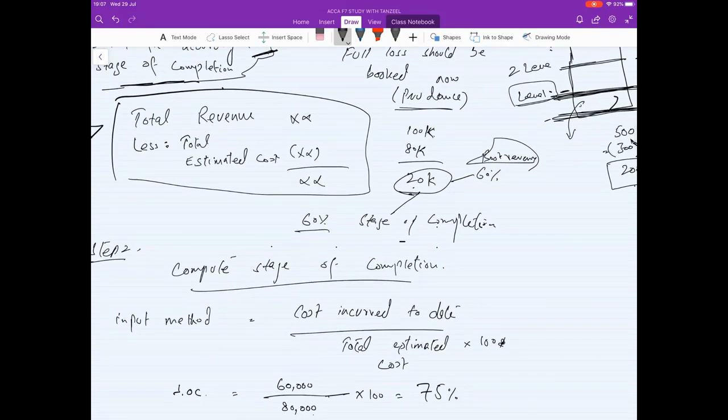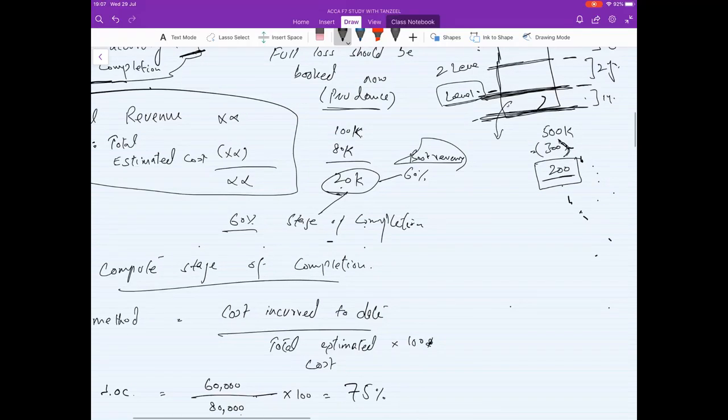So at this stage, suppose you have a profit of 200, and suppose you have done 50% of the work already, so book 50% of this. If you have done 60%, then book 60% of this revenue. The best thing is to take 50% on the sale price and 50% on the cost.